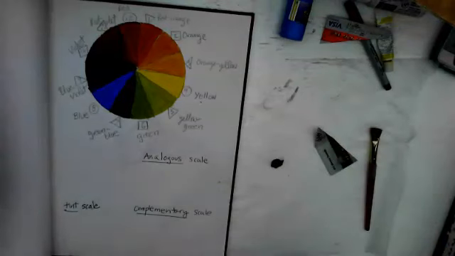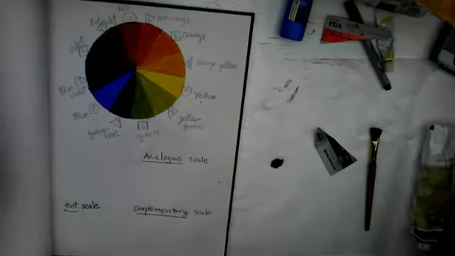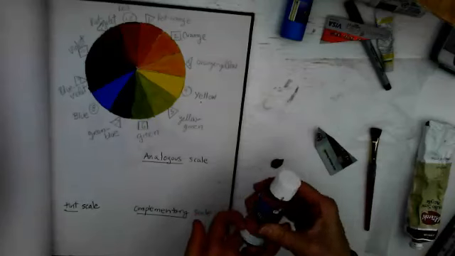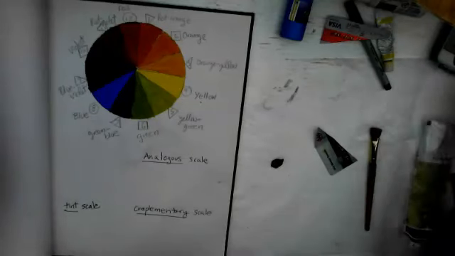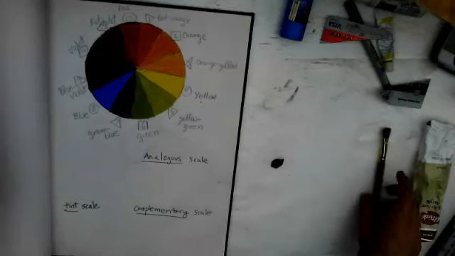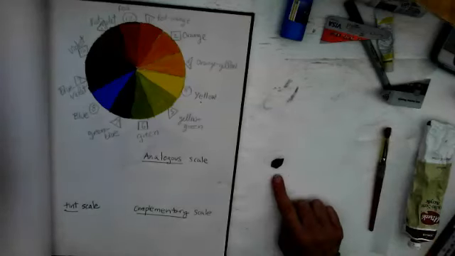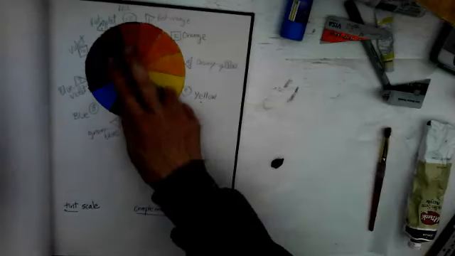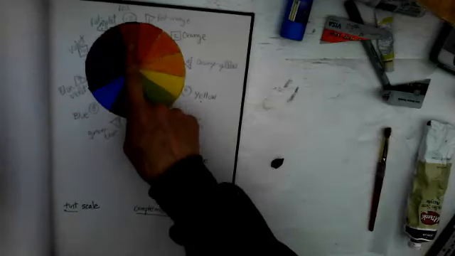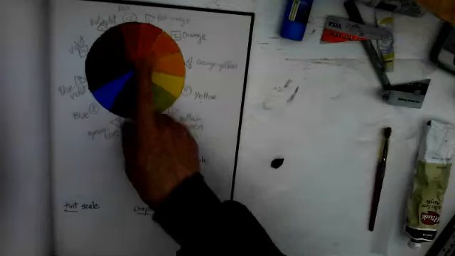If you're finding for whatever reason that you run out of paint or your paint is hard, like I think this thing is 100 years old and it might be a little hard or might need some water mixed with it, just send me a message and I can make sure that I put some paint at the flagpole for you. Here's some red. Now I get a choice to make. I love red. Do I want to go from red to violet, or do I want to go from red to orange? I think I'm going to go from red to orange. So now I get to mix some orange.